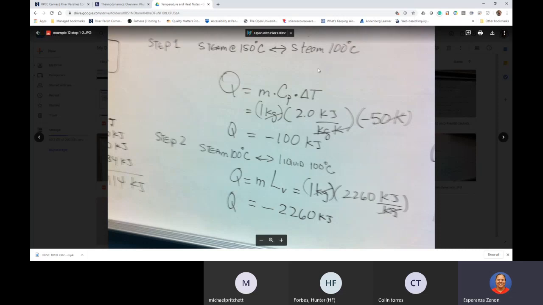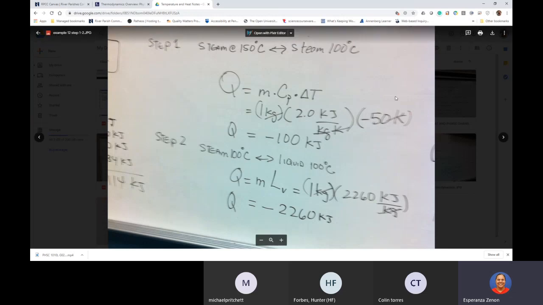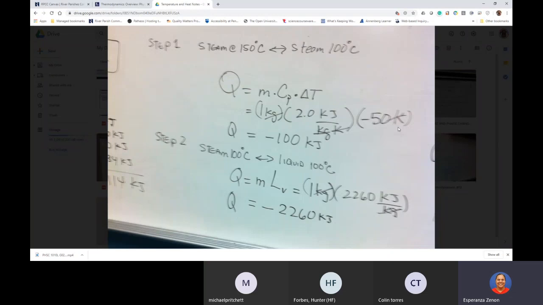I didn't even bother with substituting in negative 50 degrees Celsius because I know that's the same as negative 50 Kelvin. If you solve a problem for me, I would expect that you would use delta T in the appropriate unit.